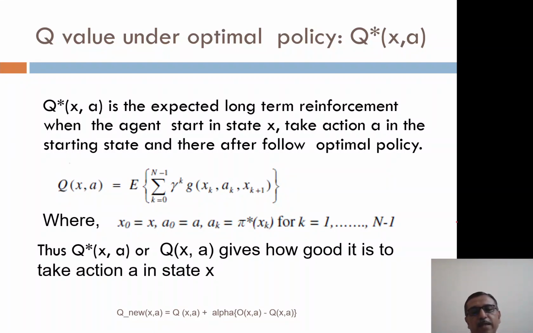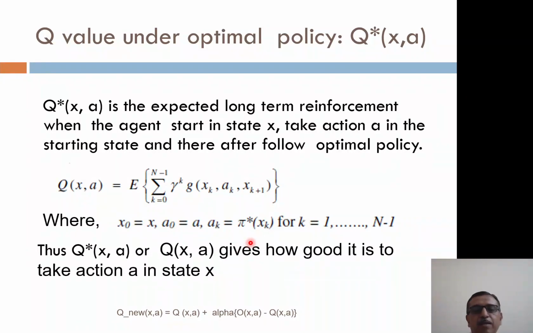Q star (x, a) is given as the expected value of sigma k equals 0 to n minus 1 of gamma raised to k times g(xk, ak, xk+1), where x0 equals x, a0 equals a, and ak equals pi star of xk.